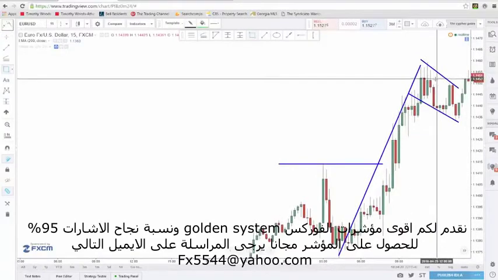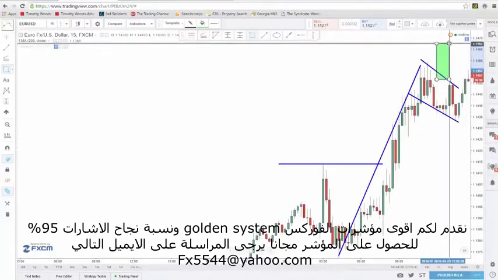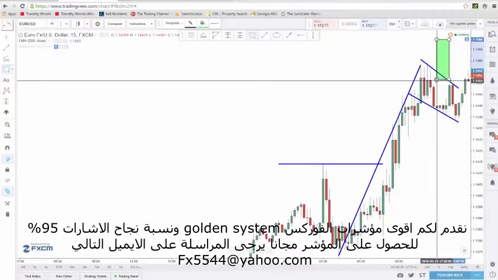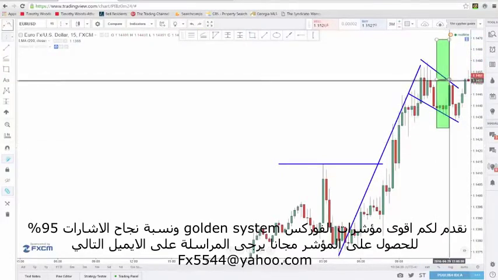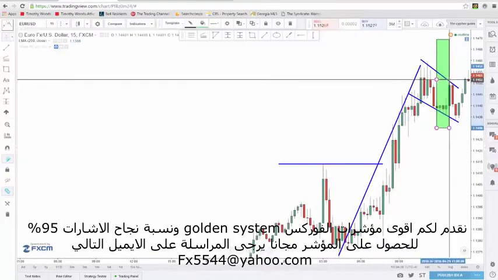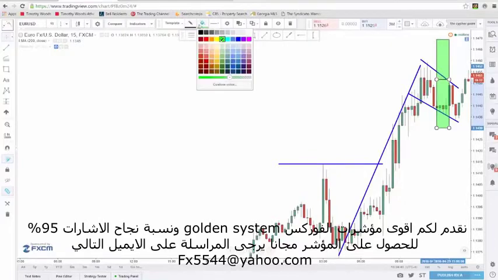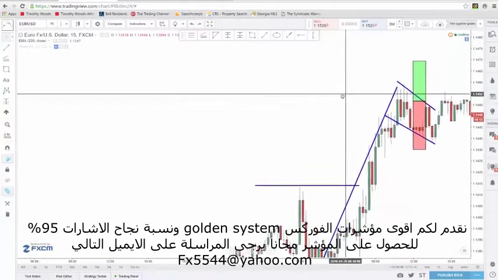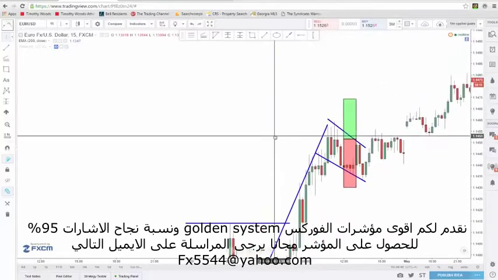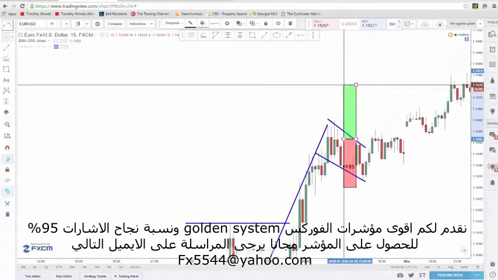Now we place our stops and targets. Obviously targets would be up, stops would be right below the previous swing low, and targets would be higher than this, but I would have to move the chart over, and the whole point of doing this is to not see what's in front of you on the chart. So we got a nice target hit.